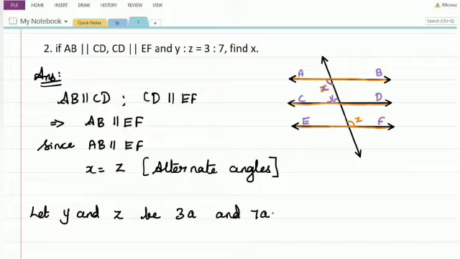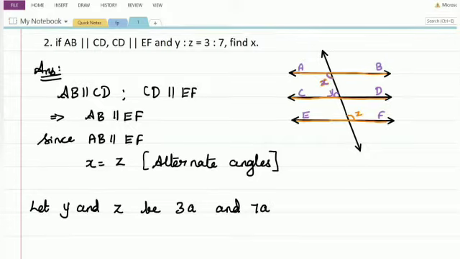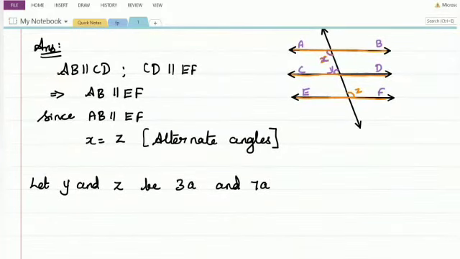Now just observe here, AB is parallel to CD. Yes. So what about this angle X and angle Y? Angle X and angle Y are co-interior angles. When I add those two angles, I will be getting 180 degree.